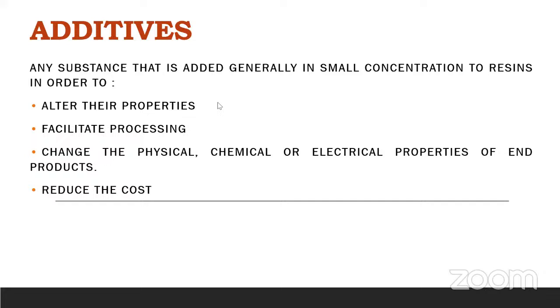So these fillers help in reducing the cost of the material by reducing the amount of the base polymer. Base polymer means whatever polymer you are incorporating your additive in. So let's say in polypropylene, if you are adding some filler, you are basically reducing the cost of the polypropylene.